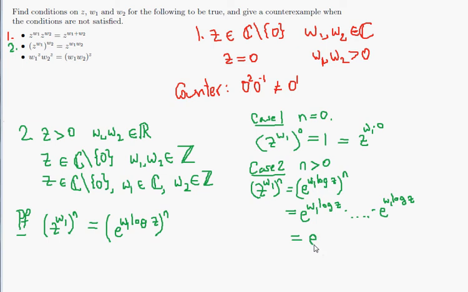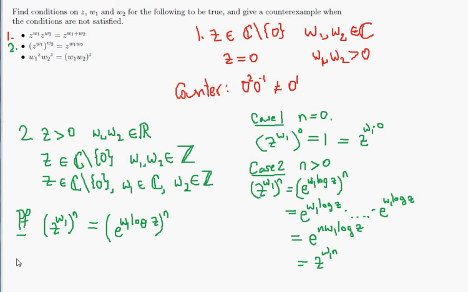So we have e to the, if I add up the exponents, I get n times w1 times the log of z. And then by definition, this is equal to z raised to the w1 times n power. So that's case 2.